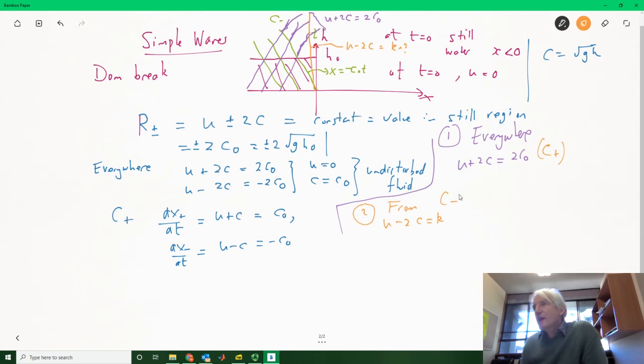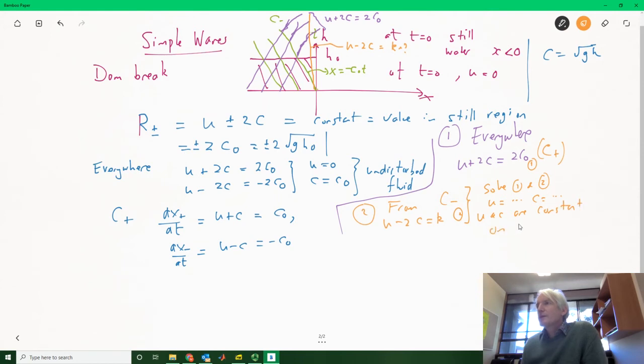So on the C minus characteristics, we solve equations 1 and 2, and we get u is equal to something and c is equal to something. So u and c are constant on the characteristic.